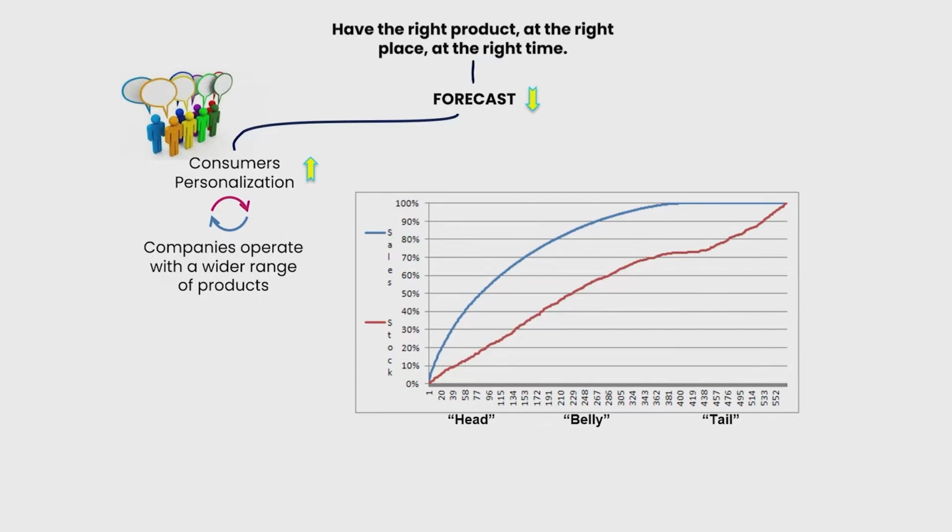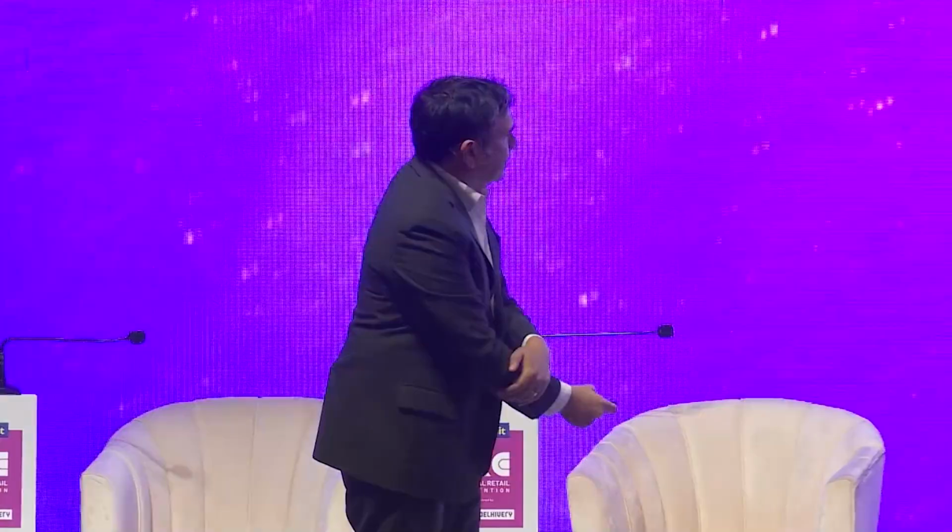Now we have the belly products in the middle that contribute to sales, but not at the same rate as the head products. And then we have the tail. The tail are all these slow-moving items that, as you add them to your portfolio, your inventory for sure goes up, and your sales are not really impacted. Make sense?